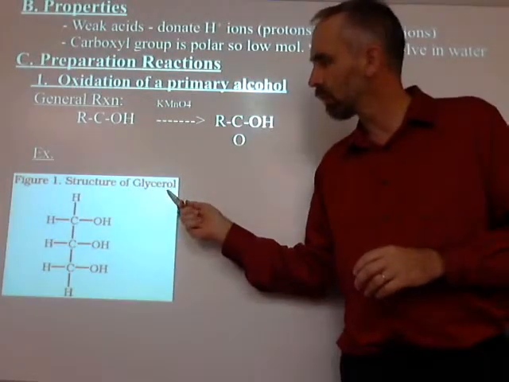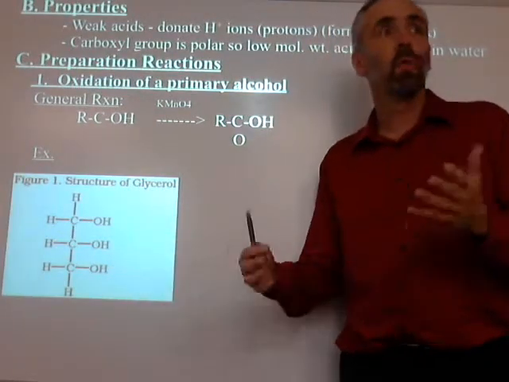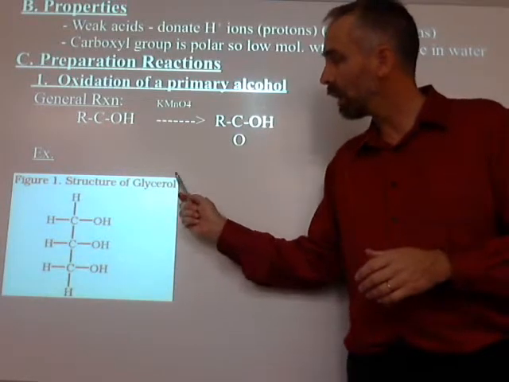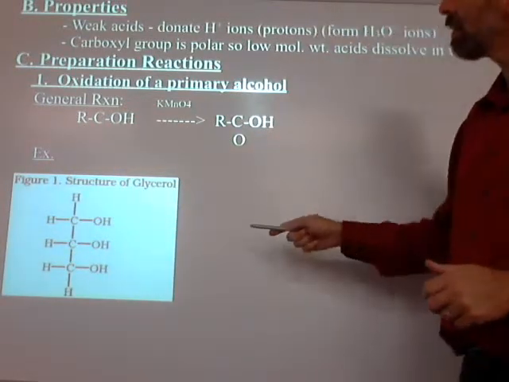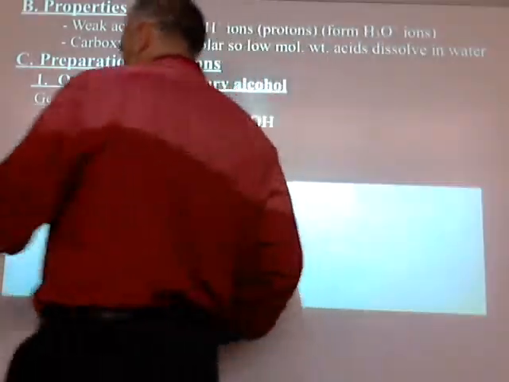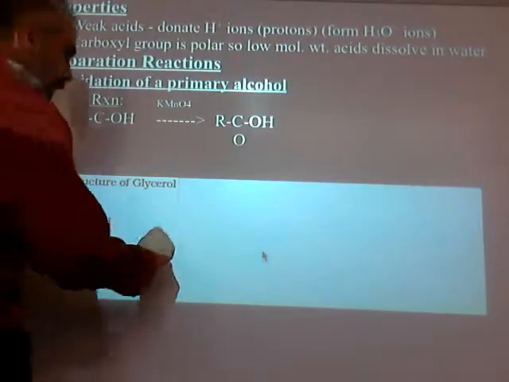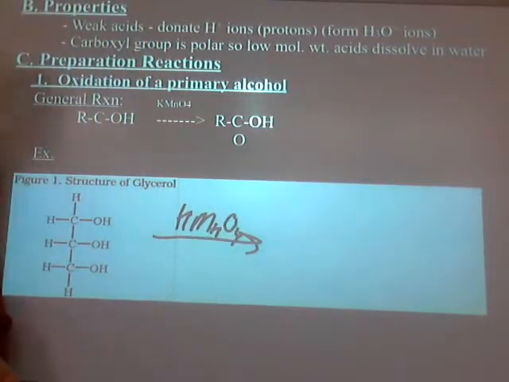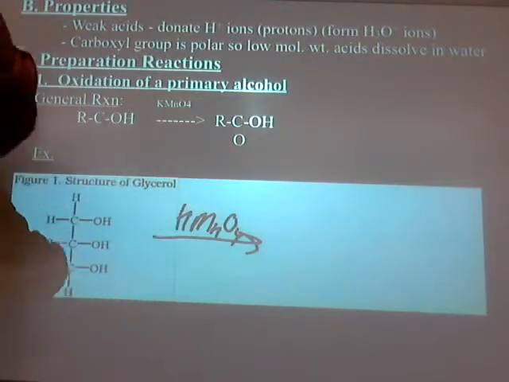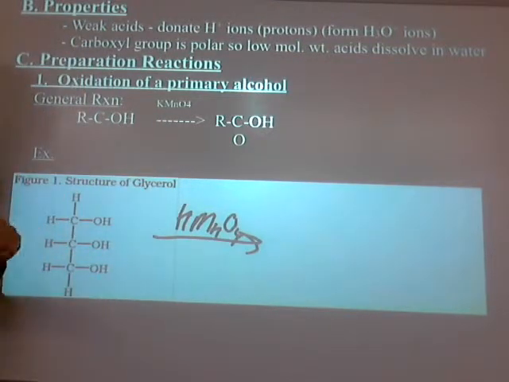That's what glycerol looks like. No surprise, glycerol ends in OL, and it contains alcohol OH groups. If I add potassium permanganate to it, which I'm going to do, you don't need to write this down, it will react in a kind of neat way. I'm going to do it in the fume hood in just a minute.